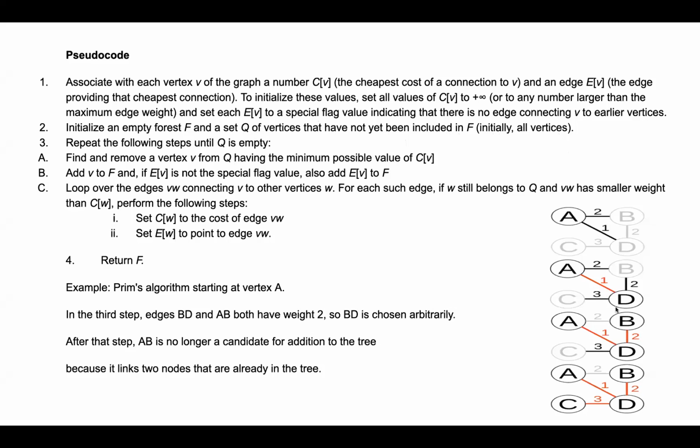This edge is included in the spanning tree. Now from D, we have to consider again: two edges are there, D to B is 2 and D to C is 3.